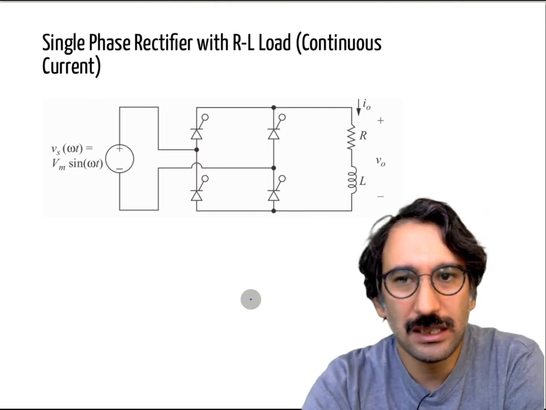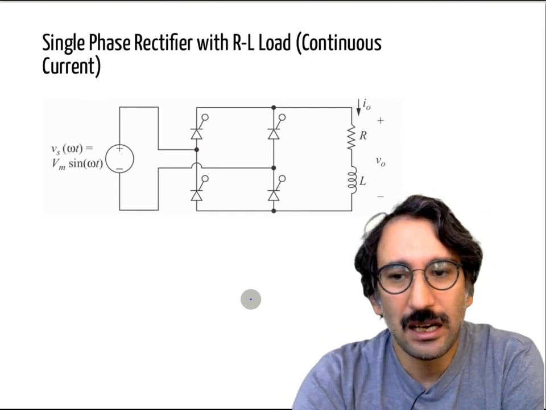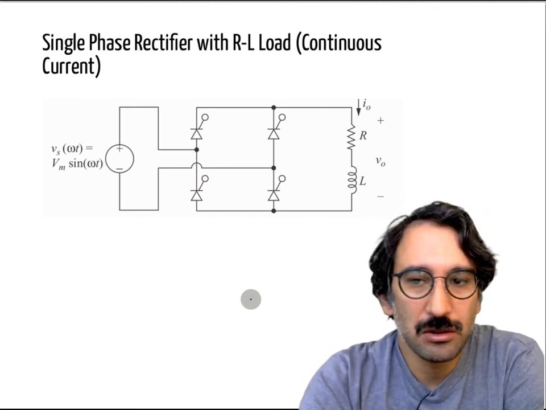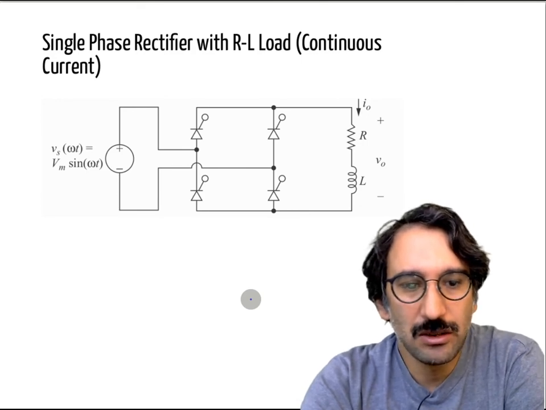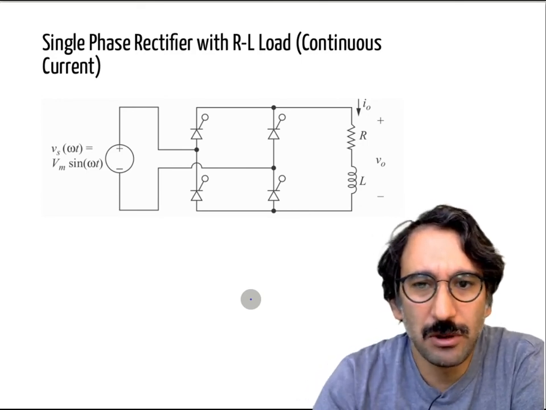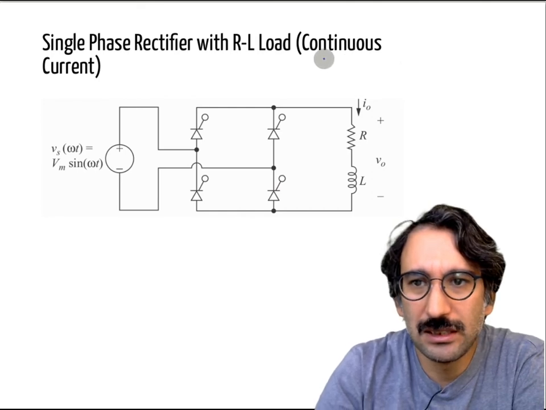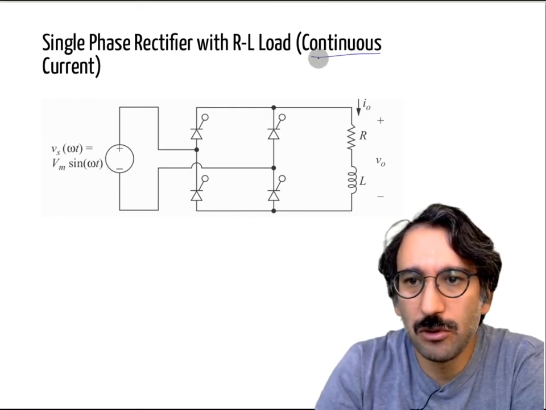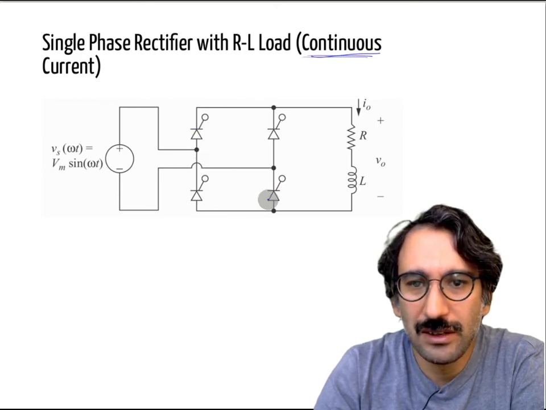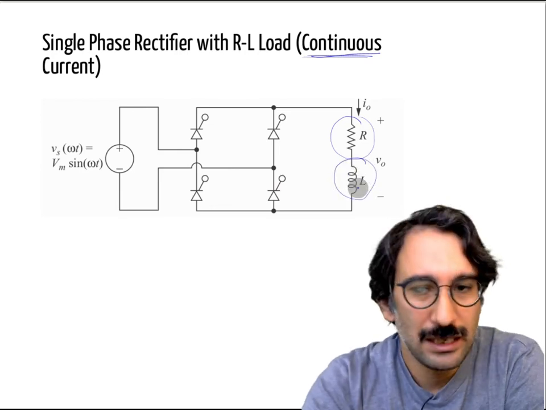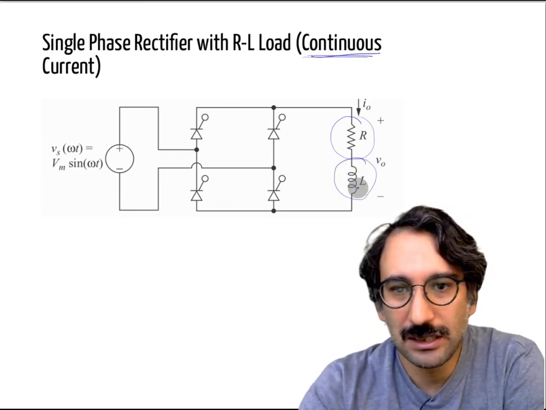So now let's look at the RL load. Again, I don't get into much detail of the waveform, but I would like to discuss continuous conduction mode or continuous current and discontinuous current. So here we have the same schematic, and instead of just a resistive component, I have an inductive element in the load as well.